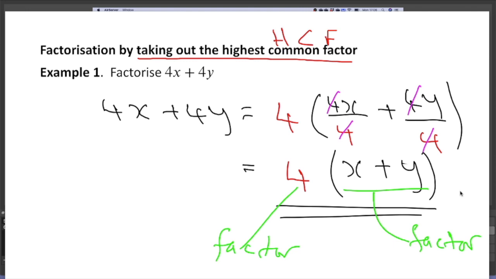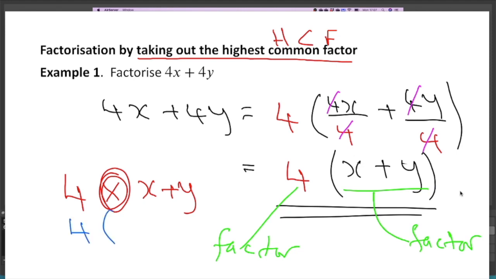Brackets actually tell us that we are multiplying. So please do not use the multiplication sign. Don't say 4 multiplied by x plus y. That will be wrong. So the correct method is 4 brackets x plus y.